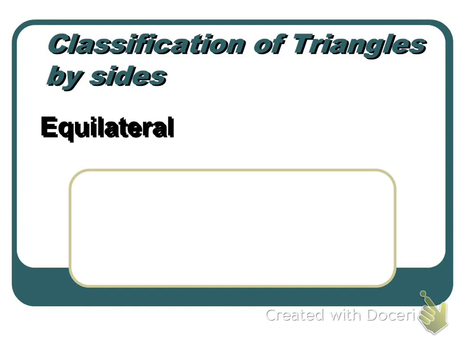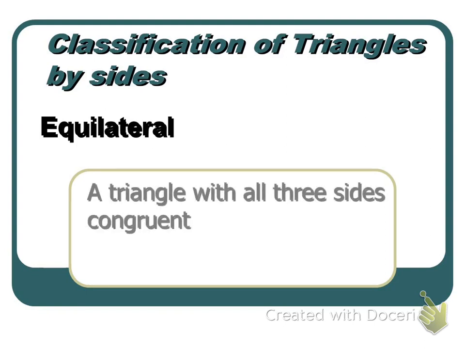The final classification of triangles based on the number of sides is called an equilateral triangle. Equa means equal. Lateral is all the sides of it. So equal sides, an equilateral triangle is a triangle with all 3 sides congruent. And as a corollary to this, oh, hold on, I need to go back.